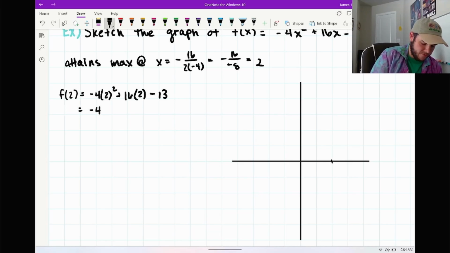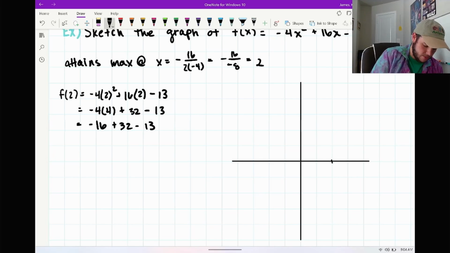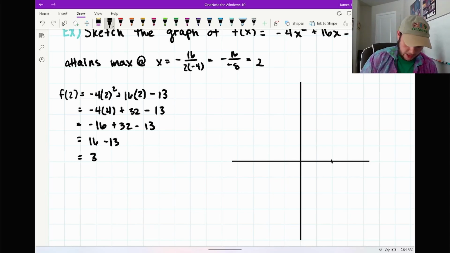That's going to be negative 4 times 4 plus 32 minus 13. Negative 16 plus 32 minus 13. 16 minus 13, or 3. So I know 2 comma 3 is where this attains, oh, and let me use a color here, maximum value.